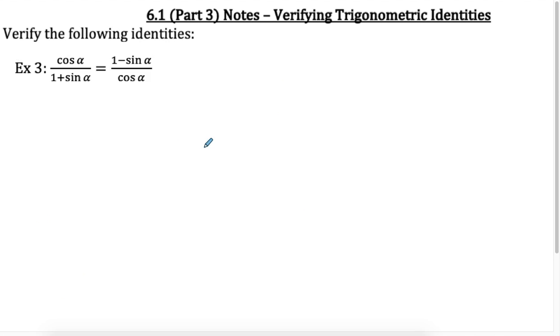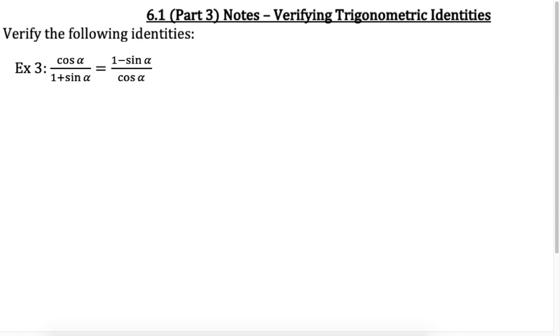So on this one, it really doesn't matter which side I start with. They both look equally complicated to work with, right? So I'm going to choose the left. Now, one of our strategies that we talked about was multiplying by a conjugate. So I see 1 plus sine in the denominator.